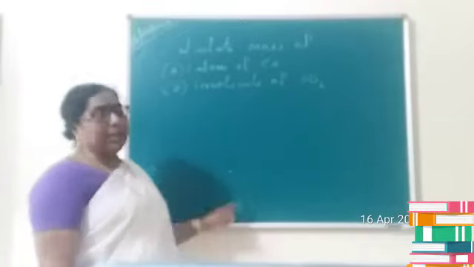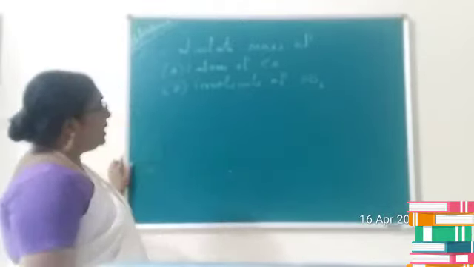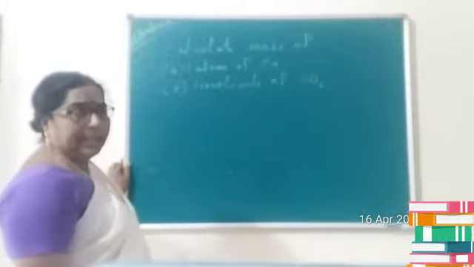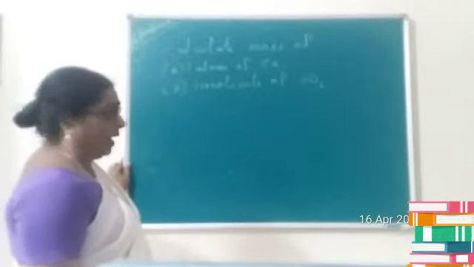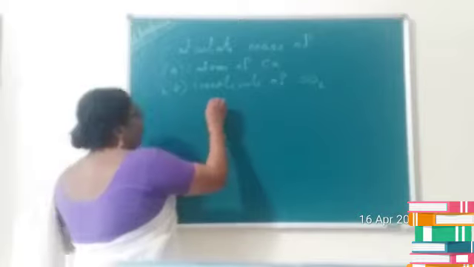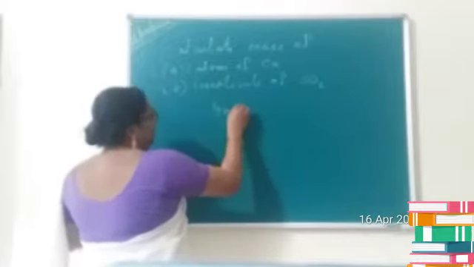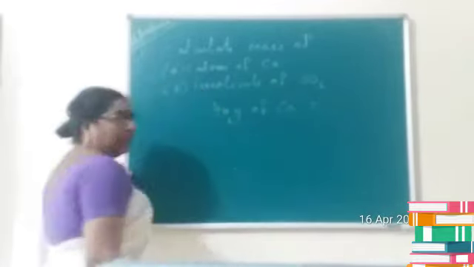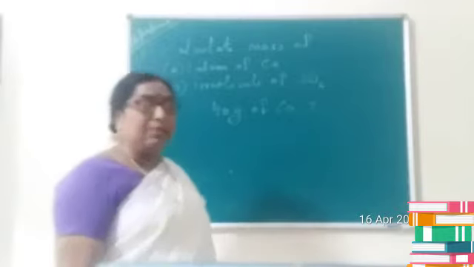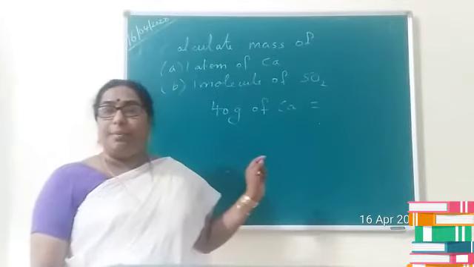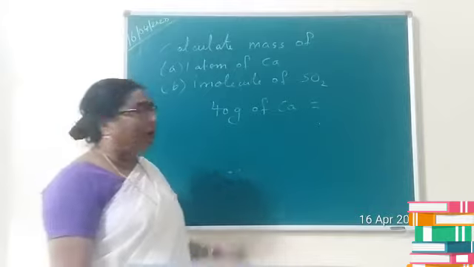Can you tell me, what is the atomic mass of calcium? Yes, it is 40 gram. So we can say that 40 gram of calcium contains how many atoms? How many particles? Yesterday we studied that the atomic mass of any element contains Avogadro number of particles.